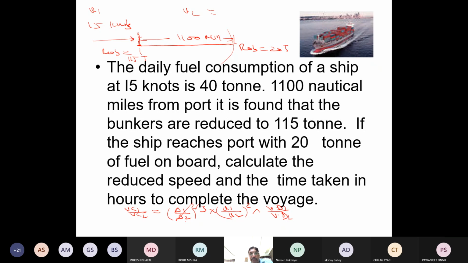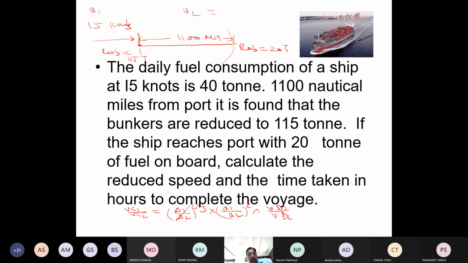There is no change in displacement. We have not loaded cargo nor discharged cargo. And V1 is 15 knots. V2 I want to calculate. Voyage distance 1 for the 1 day voyage will be 15 into 24. Voyage distance 2 is 1100.